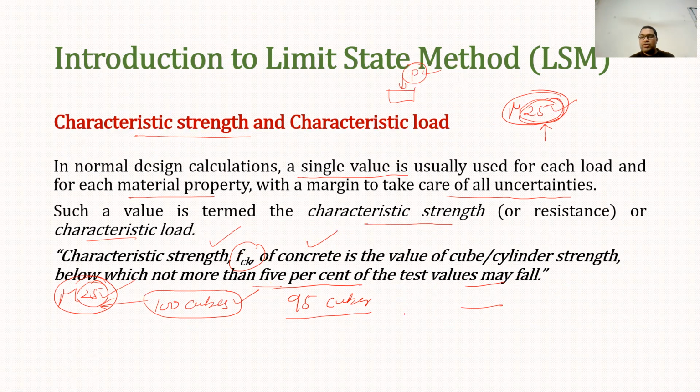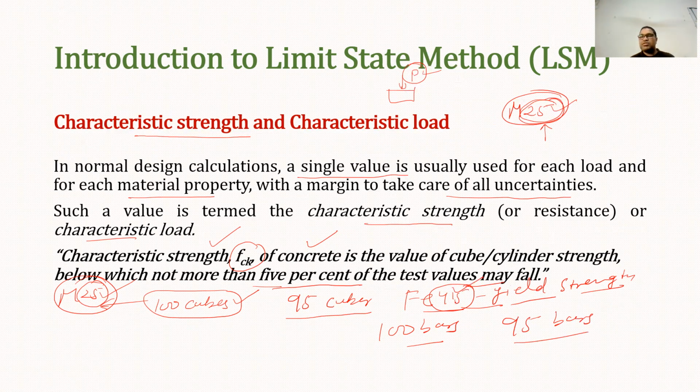If I have 100 bars of steel, say Fe 415 steel, where 415 is the yield strength, or the specified yield strength of steel, and I test their tensile strength, then at least 95 bars should have this much strength, which is 415 Newton per mm square.